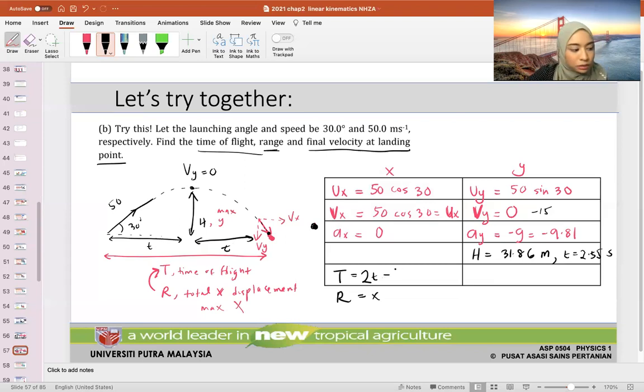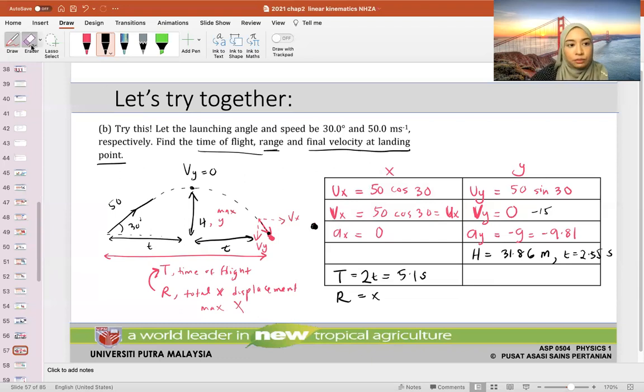So that is equal to 2.55 times 2, 5.1 seconds. Okay, so with that said, I know what the time is, ataupun what is the time of flight.